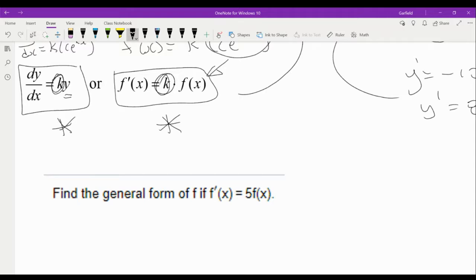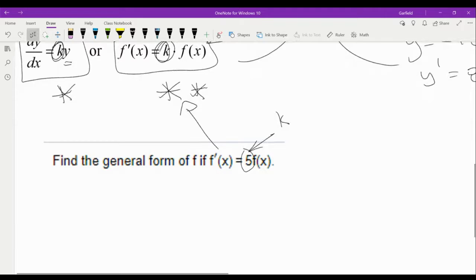Here we have f prime of x, which is what we have down the bottom, equal to 5 times the original function. That means this 5 is our k. So when we write the original function, y will be equal to c e to the 5x, because we don't know what the constant is until they give it to us. And that's all there is to this. We're done. That's the answer they're looking for.